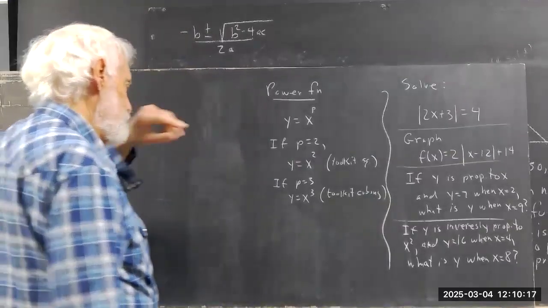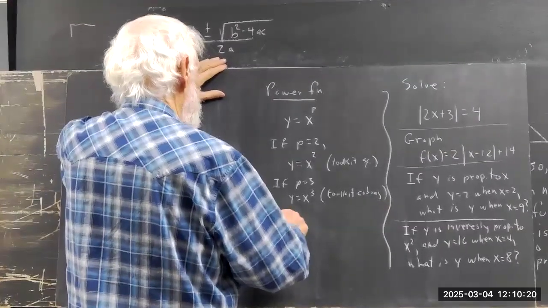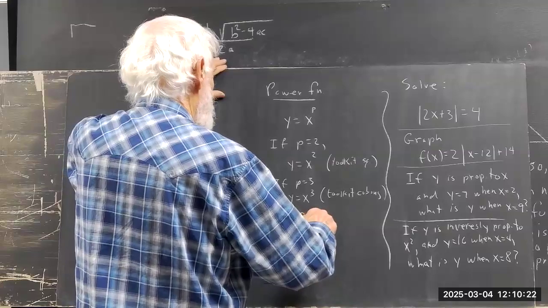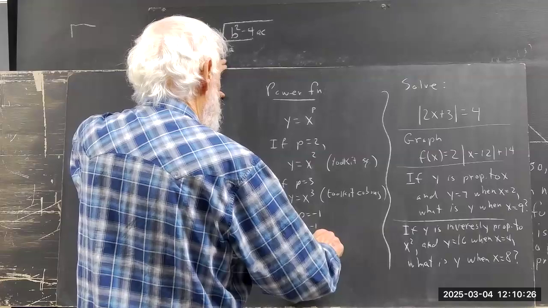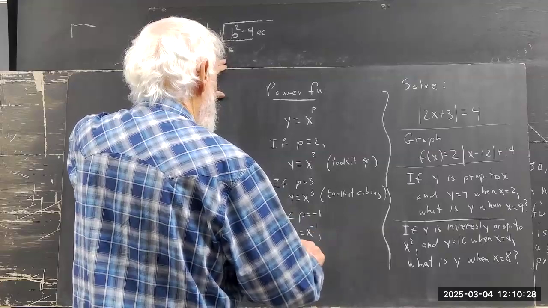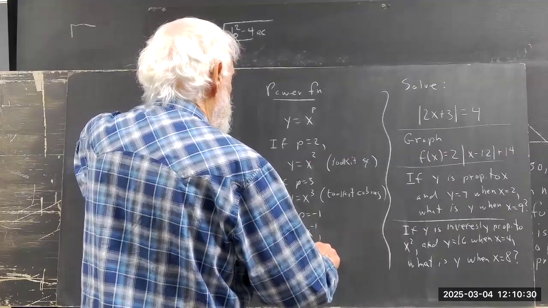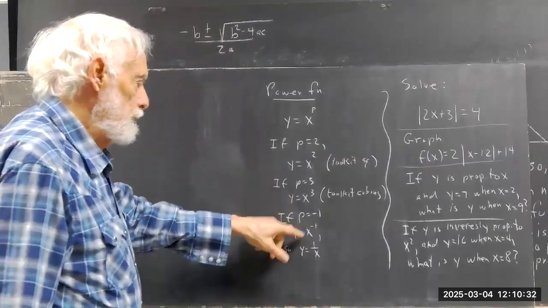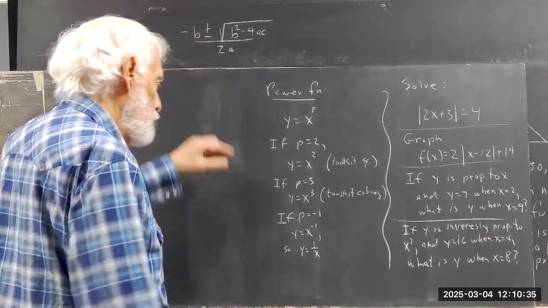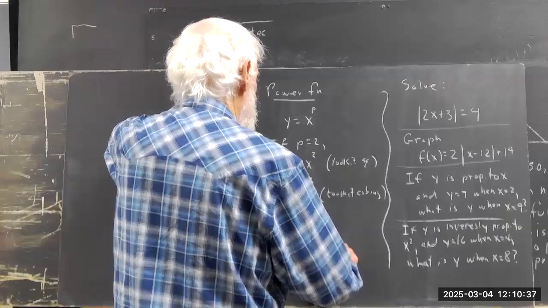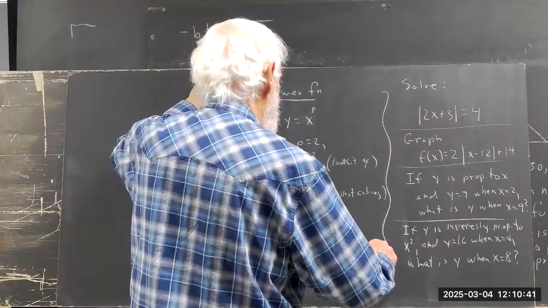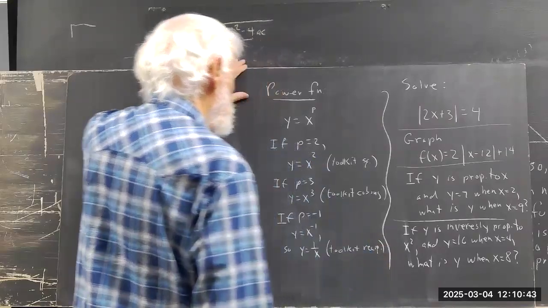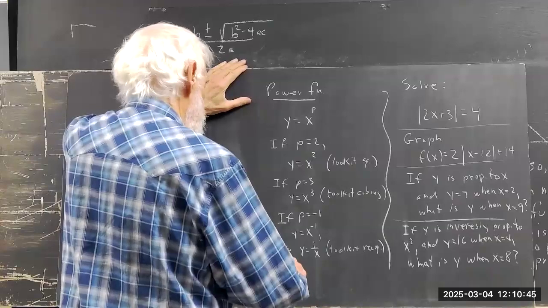Toolkit cubing function. If p is -1, you get x to the -1, which is 1 over x, the toolkit reciprocal.